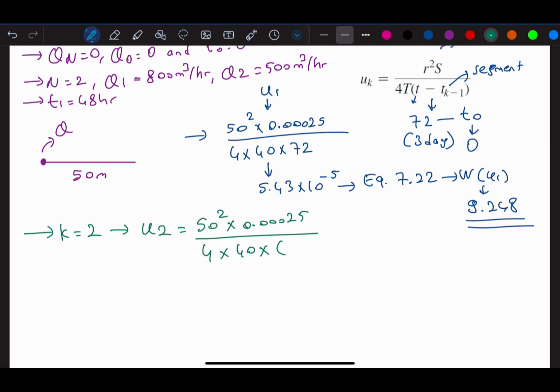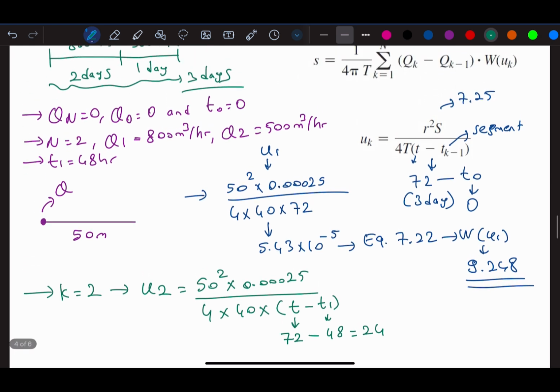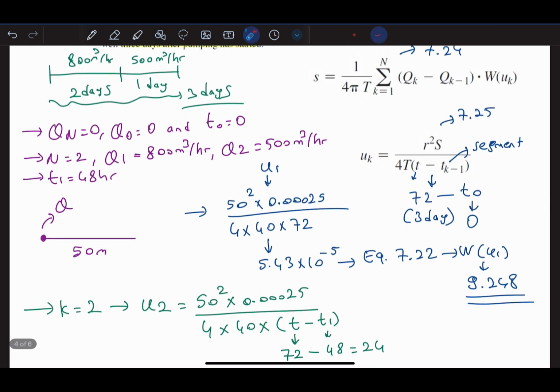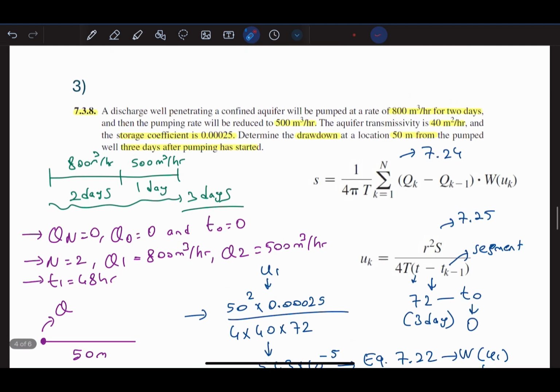Based on this equation, it will be T minus T1. T was 72 and T1 is 48, which makes it 24, which you can see here. So we have 1 day or 24 hours for the second segment.